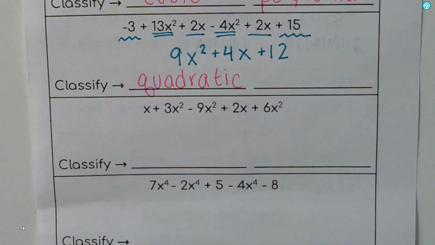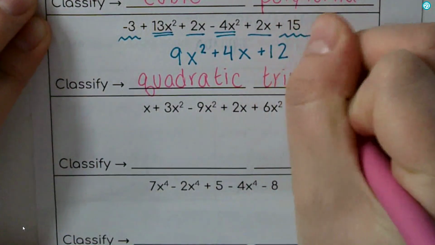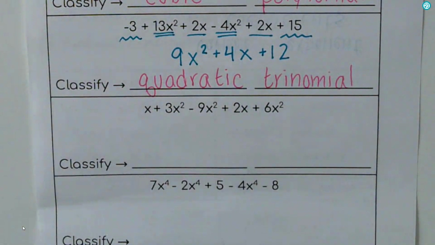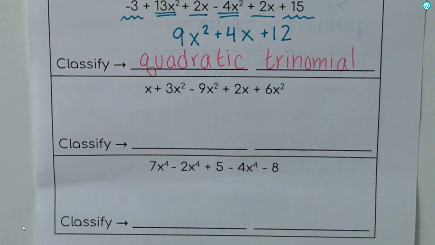A rat in the middle. Okay, how many terms do I have? 3. 3 is tri. So trinomial. Okay, any questions right now?